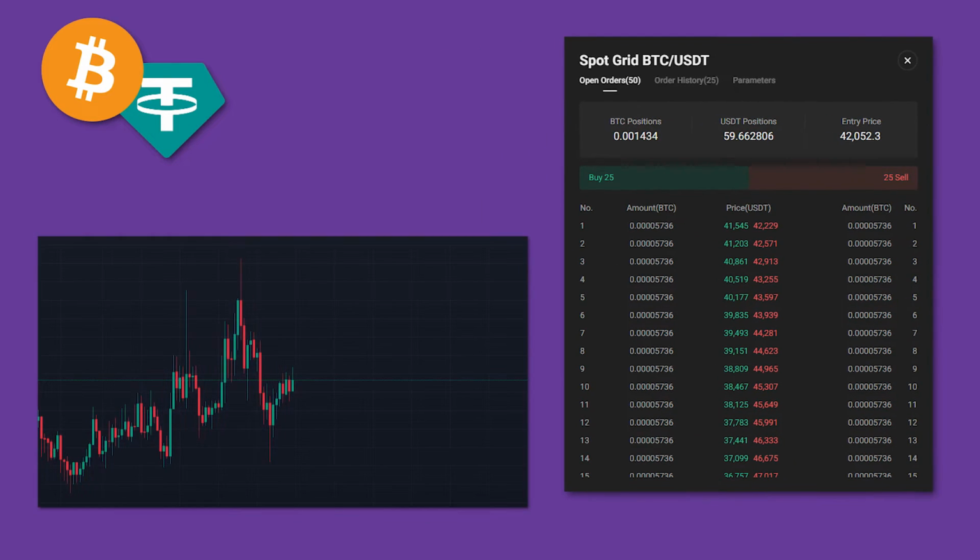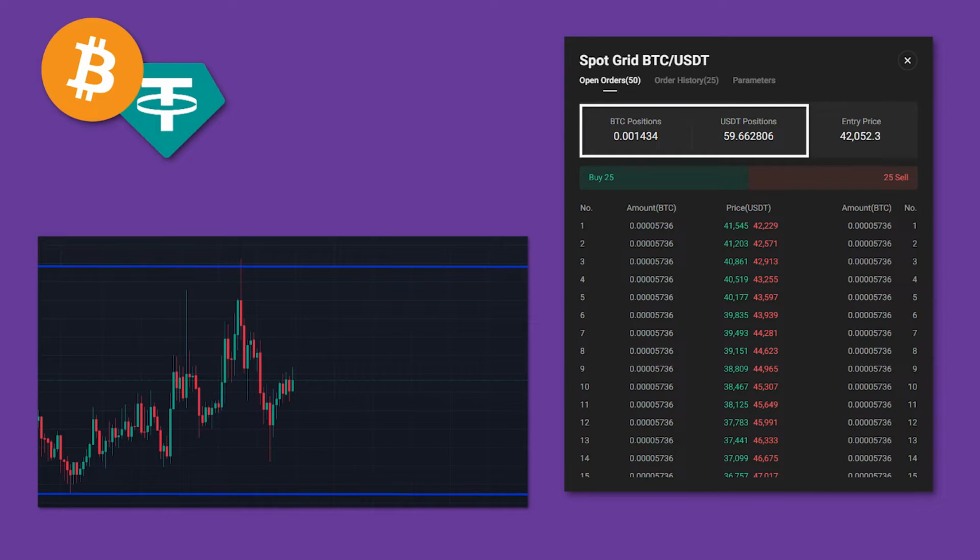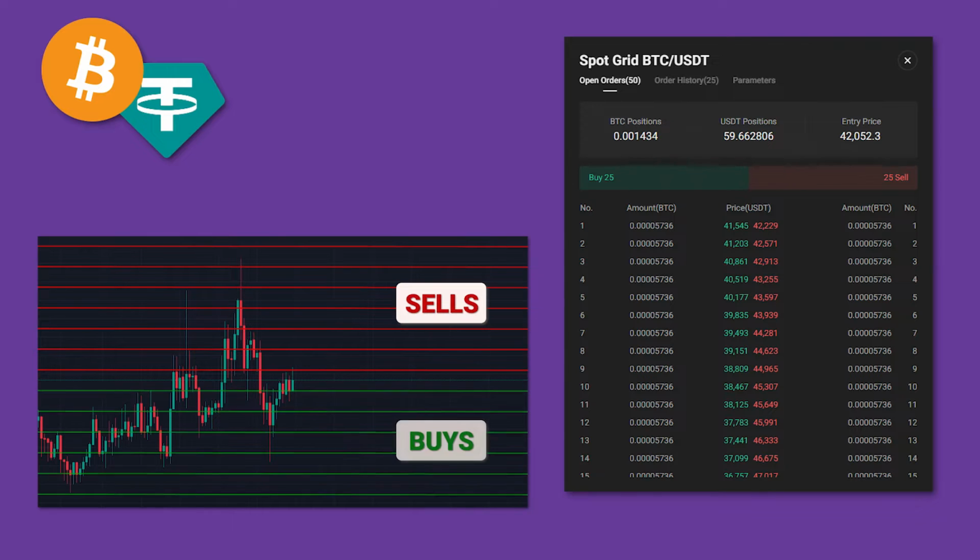For example, if the current BTC price is in the middle between your grid limits, the bot typically allocates half your funds to buying BTC and the other half to USDT, and then sets sell orders in the upper grid and buy orders in the lower. Now, here's the key point. The worst case scenario is that the coin value plummets, and if it drops below the lower grid limit, that will mean that all your investment was converted into the coin, so BTC in our case.